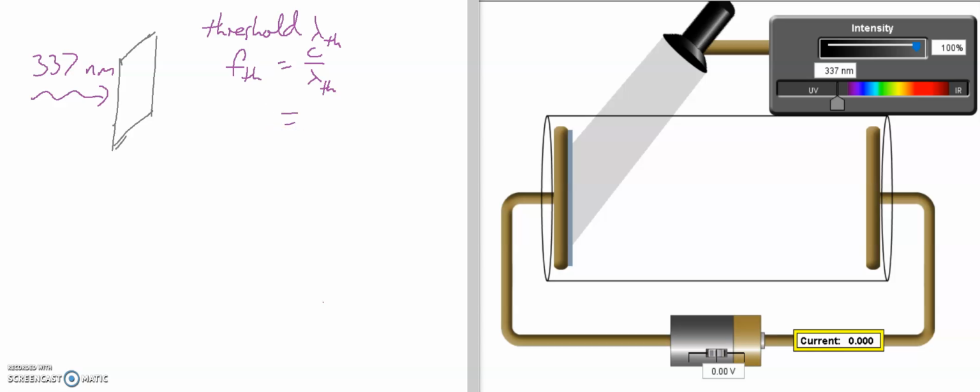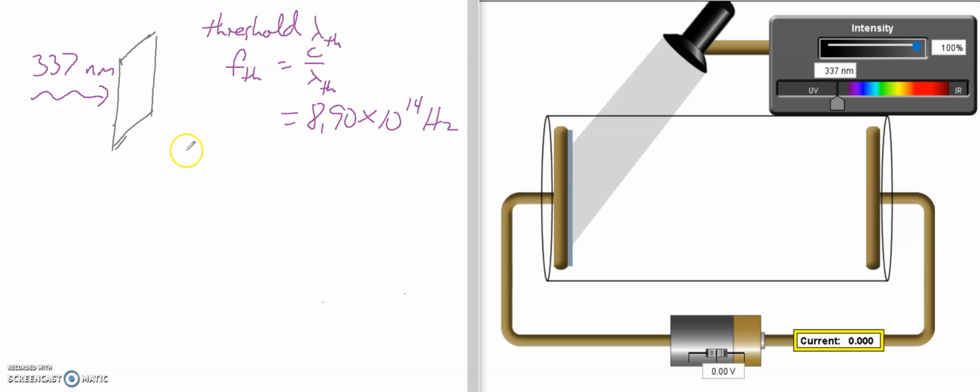So if I do that, I've got 8.90 times 10 to the 14 hertz. That is my threshold frequency, because if I make the frequency any higher, I get electrons coming out of it. Right now the energy is going in and all of that energy is being absorbed by the material as the work function. So when we're at that perfect boundary like this, this must be right where the work function is.